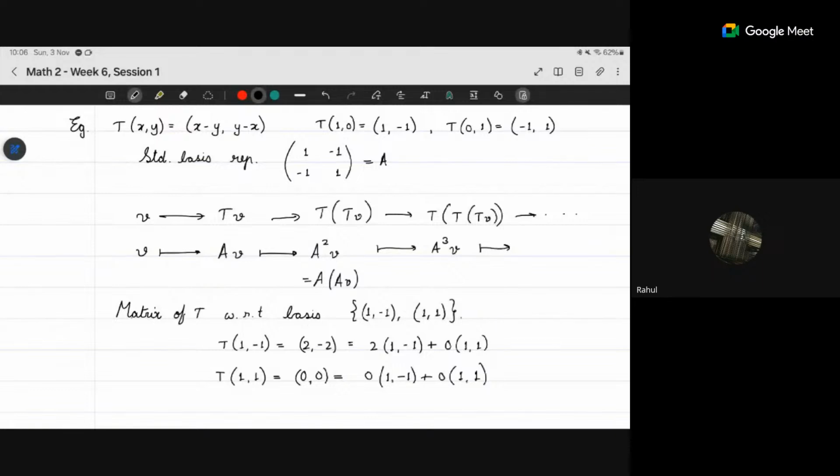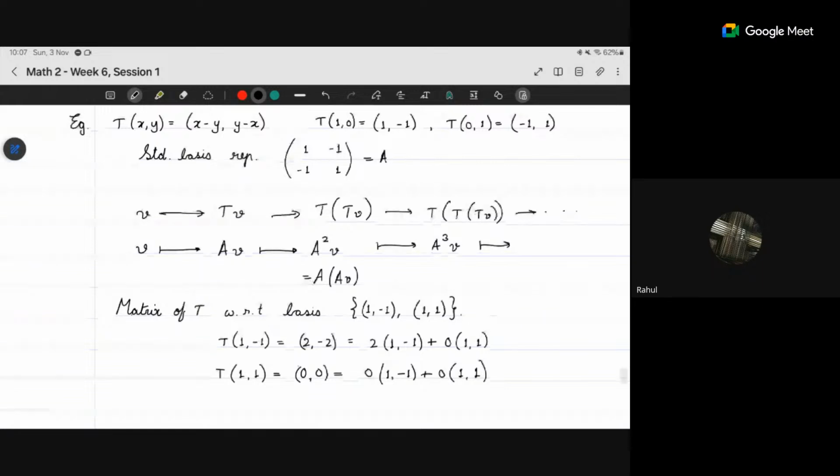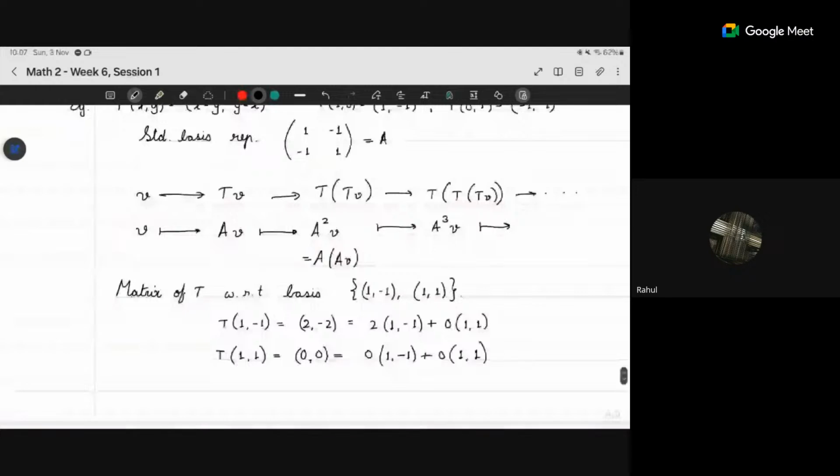So you cannot readily get the data on whether, and this is more relevant to signals theory, the signal will blow up or converge to zero and so on. That is not readily visible over here.